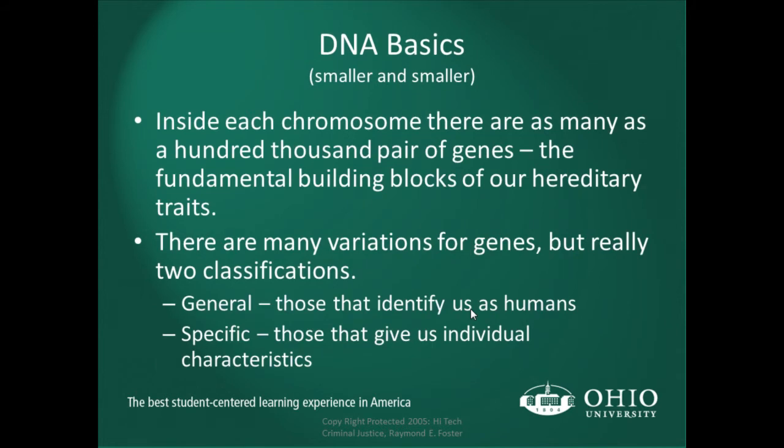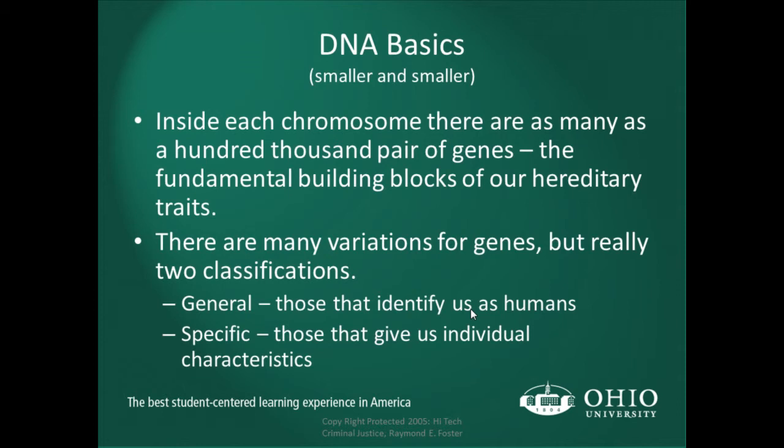Inside each chromosome, there are as many as 100,000 pairs of genes. And those genes are the fundamental building blocks of our traits: hair color, eye color, height, weight, all those kinds of traits. Those are the building blocks for that hereditary information. There are many variations of genes, but generally two classifications.